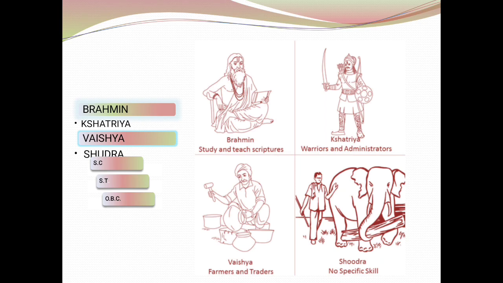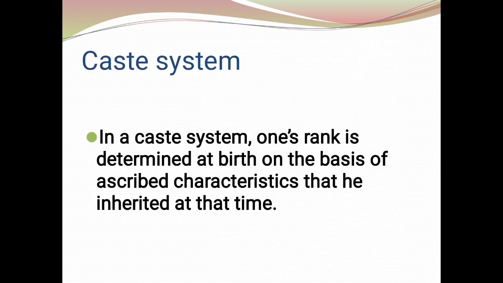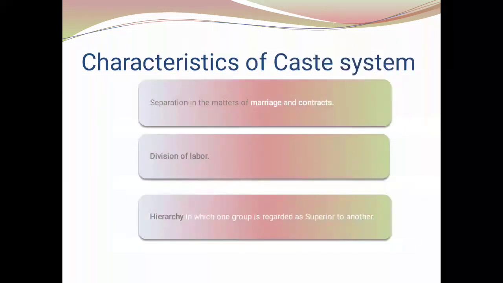The major categories are Brahmin, Kshatriya, Vaishya, and last but not the least, Shudra, which further got divided into three subcastes, mainly Scheduled Caste, or SC, Scheduled Tribe, or ST, and OBC, that is Other Backward Classes.